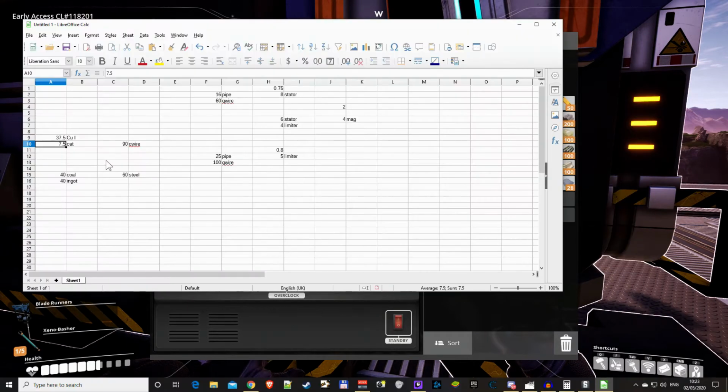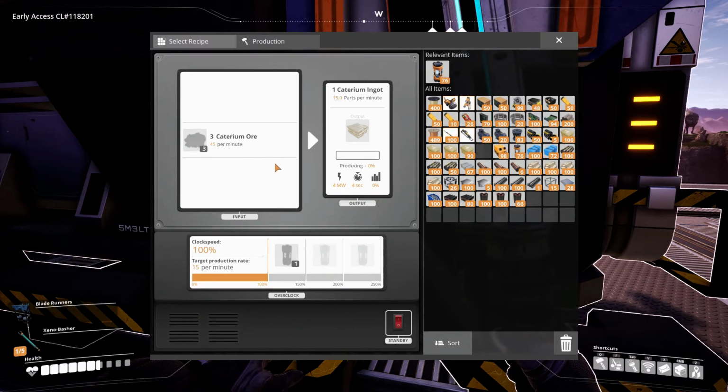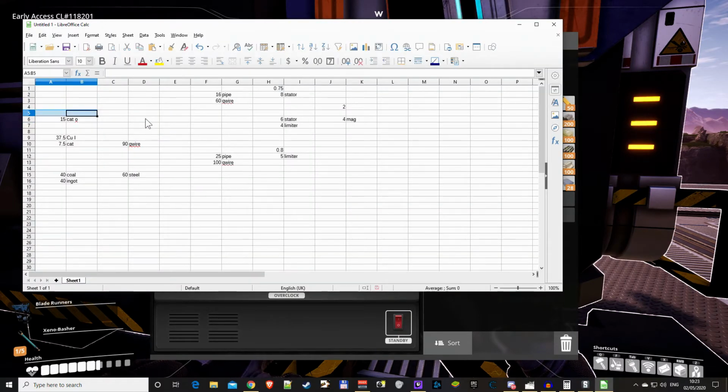$45.15. Got there more. 45 was it? Was it barium ingot? 45.